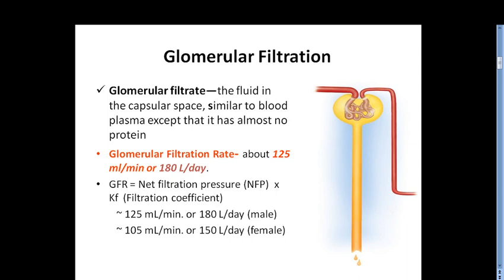And basically this glomerular filtration rate depends on 2 factors. First is net filtration pressure, and second factor is filtration coefficient. So we will discuss these two things in detail.